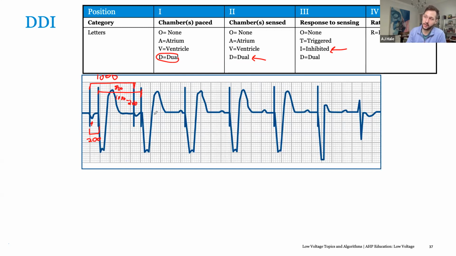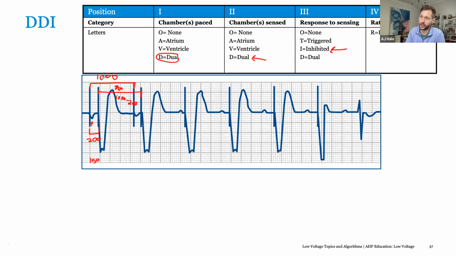Why does this matter? Well, if an intrinsic event came across at 150 milliseconds instead of 200, then you would actually be shaving 50 milliseconds off of your atrial timing, right?